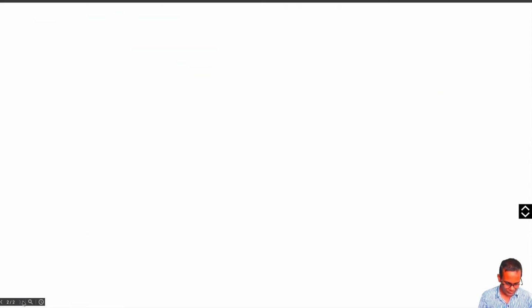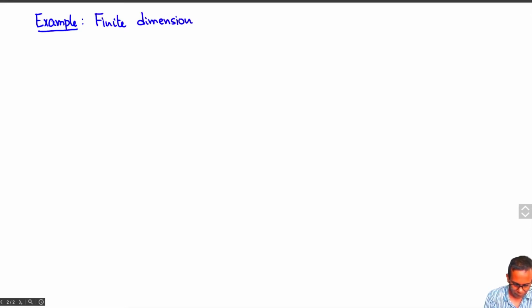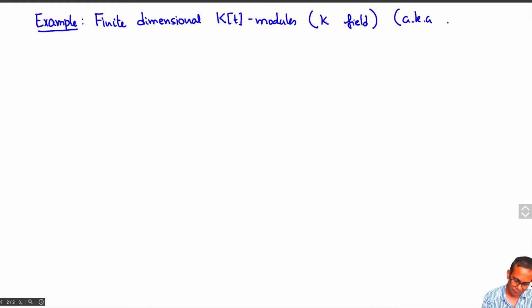Let us look at another example that we have encountered in Algebra 1, which is finite dimensional modules over a polynomial ring K[t]. K is a field, and when we say finite dimensional, we mean finite dimensional over K. So finite dimensional K[t] modules are in bijection with matrices.